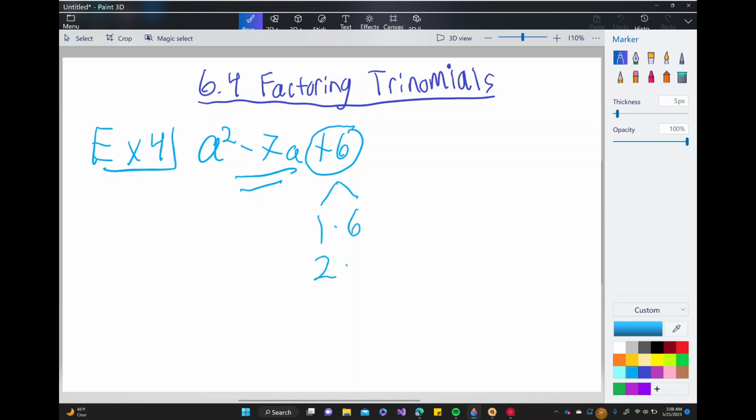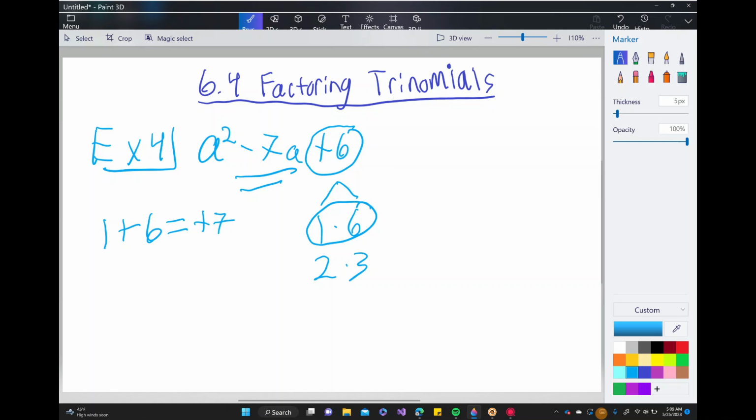And by both of my numbers, I mean both multiples of 6. Now, two numbers that multiply to 6 but add or subtract to 7 are 1 and 6. So I know 1 plus 6 will give me positive 7.